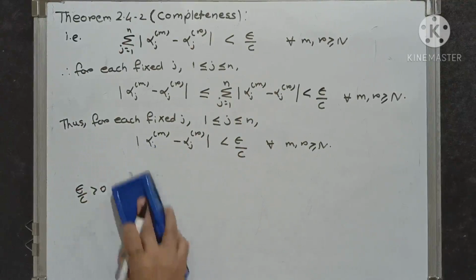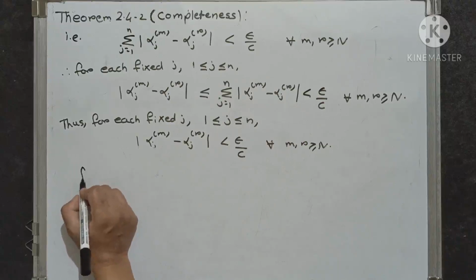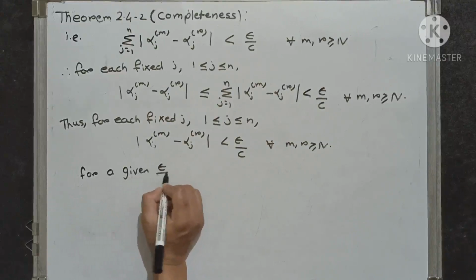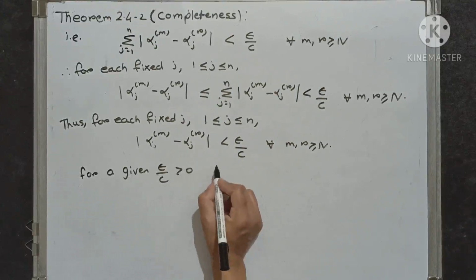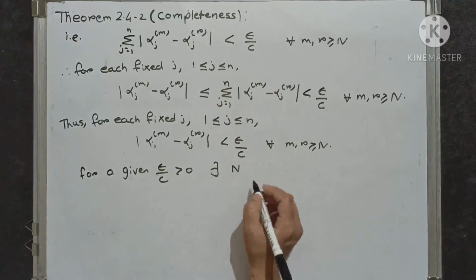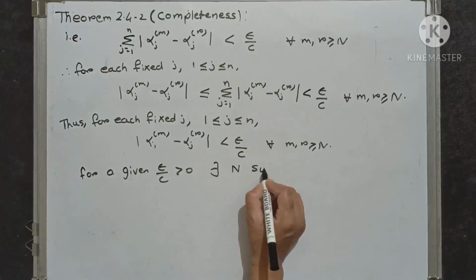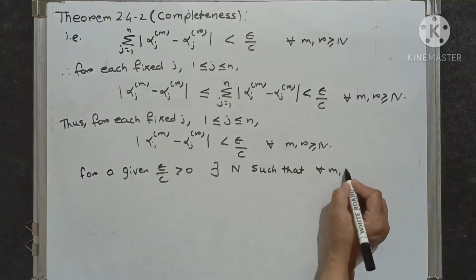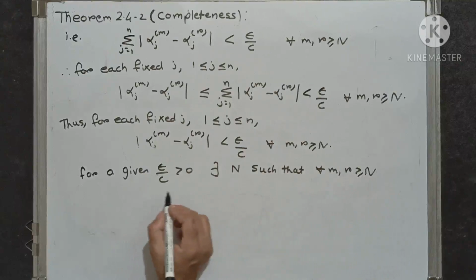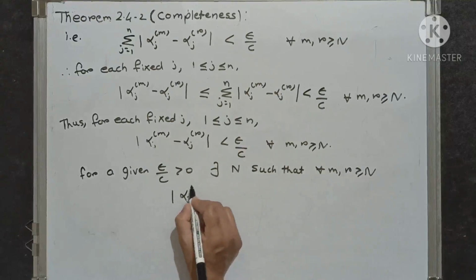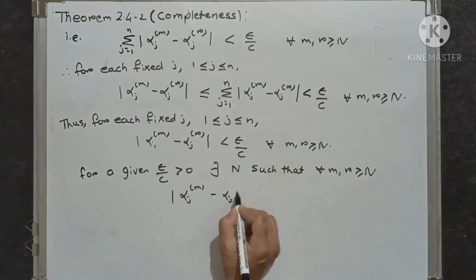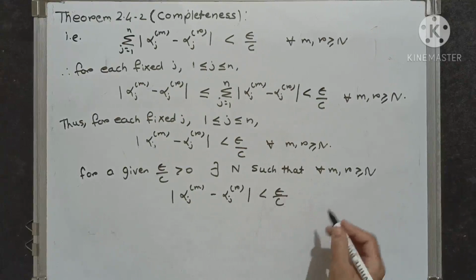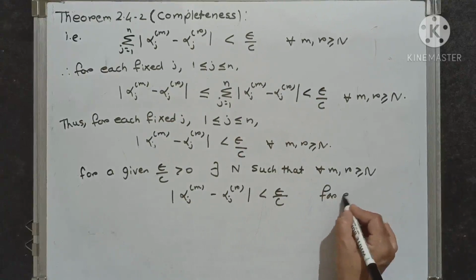For a given epsilon by c greater than 0, there exists a natural number n such that for all m, r greater than or equal to n, we get mod of alpha jm minus alpha jr is less than epsilon by c for each fixed j.